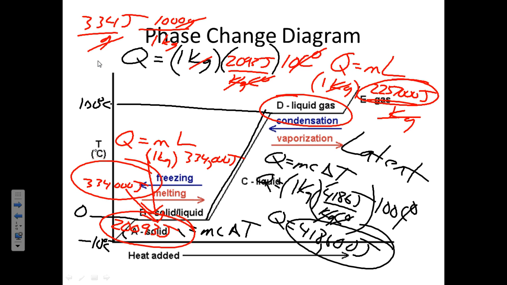And then let's say we wanted to take the steam up to, say, 120. We want to continue to heat the steam up. So let's do one more step. If we're trying to take the steam from 100 to 120, what's the equation we would use? mc delta T. Anytime you can measure a temperature change, that's the equation that you use.